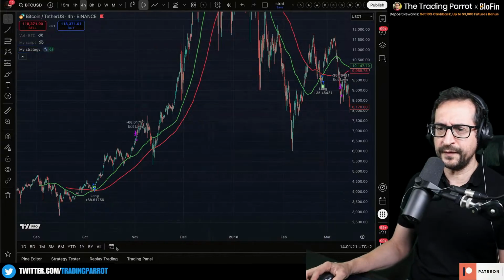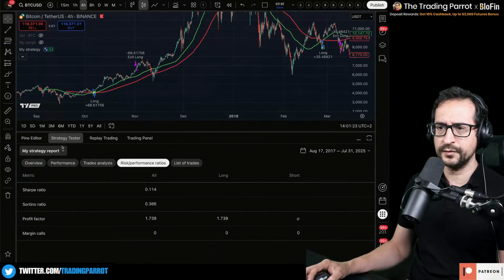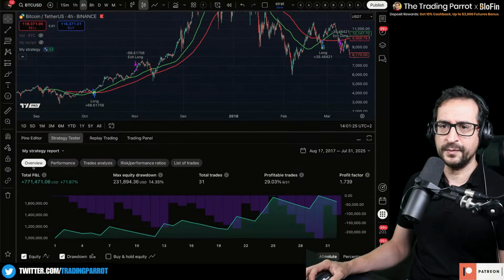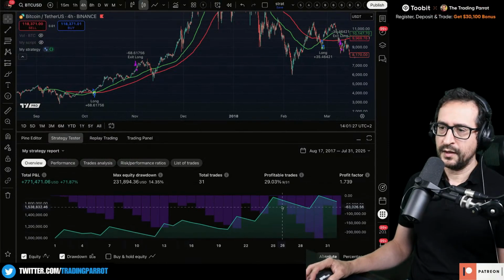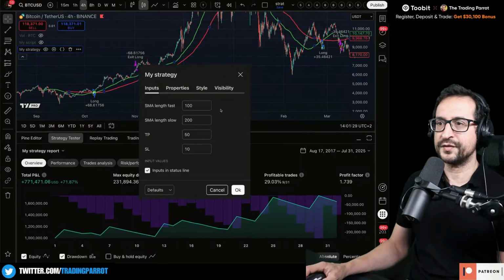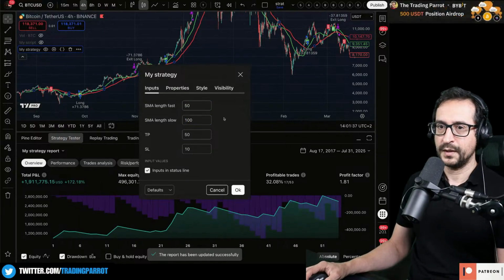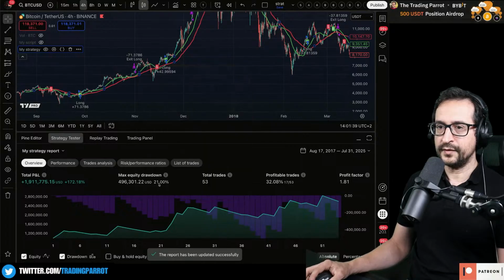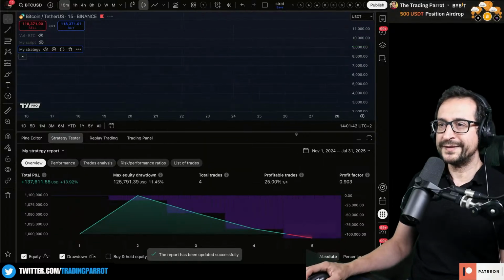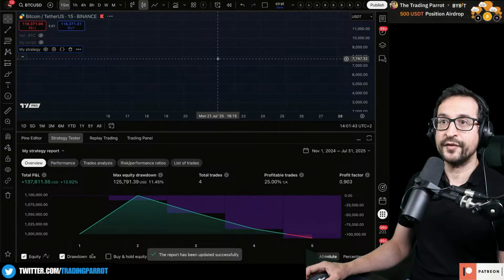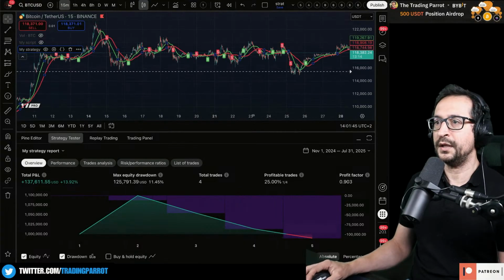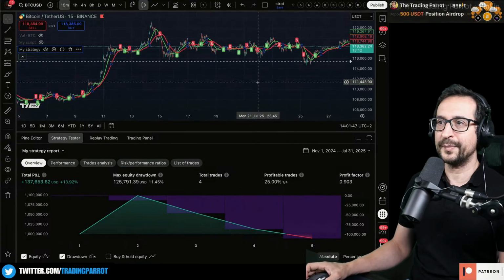Now with 50, let's see how it goes. I think it's pretty much the same. Let's increase the number of trades. Let's go with the original fast 50 and 100. And it's looking like this. It's got a 21. We can also test it in lower time frames and see if it could be a good scalping strategy.